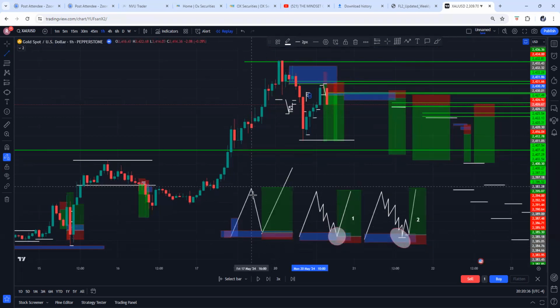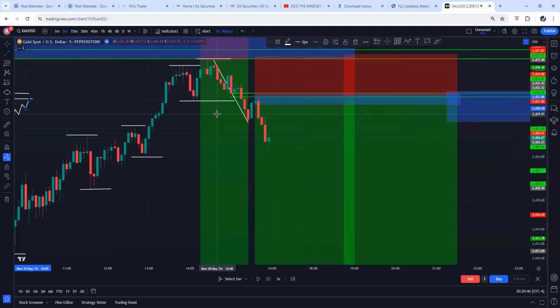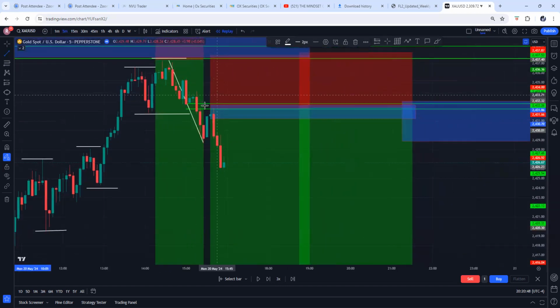We're always entering from order block. So when we go to a 15-minute or 5-minute time frame, it's the same thing we're looking for. Look at this. See this right here?